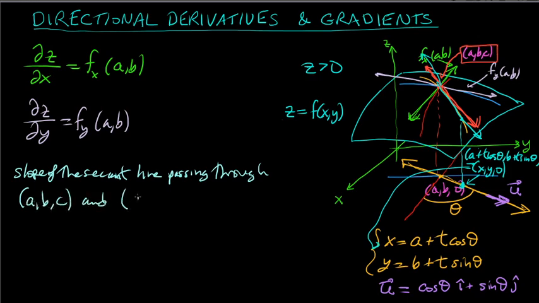And the other is, I'll write it out explicitly, a plus t cosine theta, b plus t sine theta, and then f of that point there. I'll just call it x and y. This is my x, this is my y.